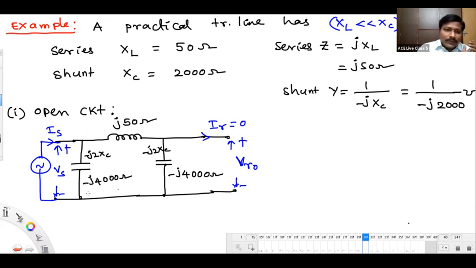And that minus j4000 will be in parallel. What's the resultant now? Minus j2000. My interest is with respect to this point. If you look at this impedance calculation, it is coming as minus j2000 ohms. All of you getting this?